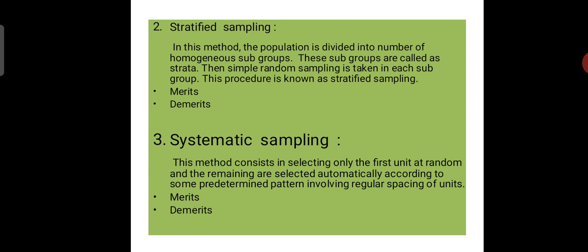Second advantage is, as the group consists of uniform homogeneous items, the accuracy of the sample increases. Number three, as compared with a random sample, it saves time and money because few groups are interviewed.